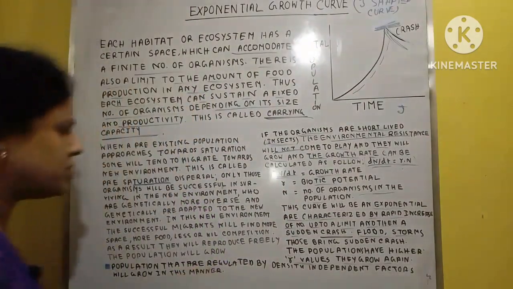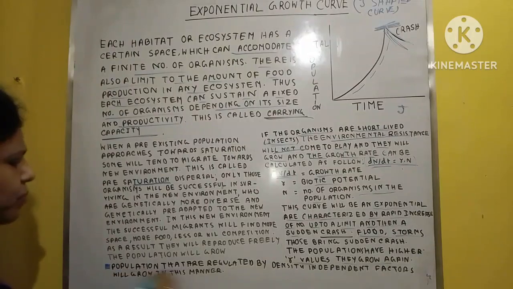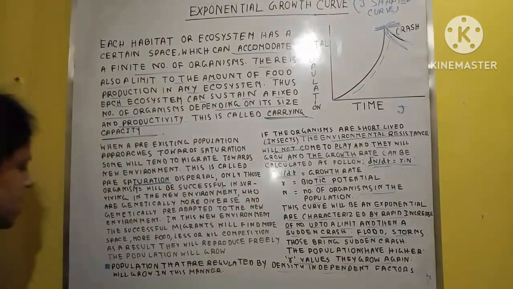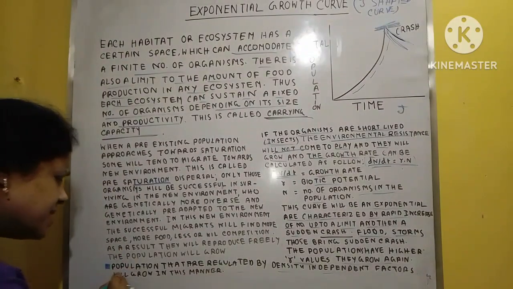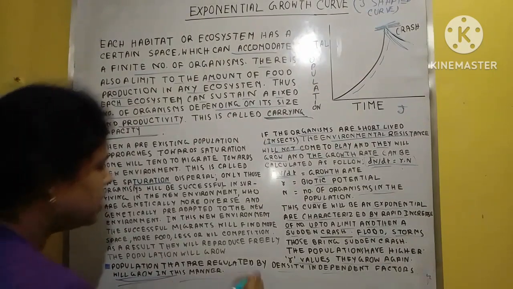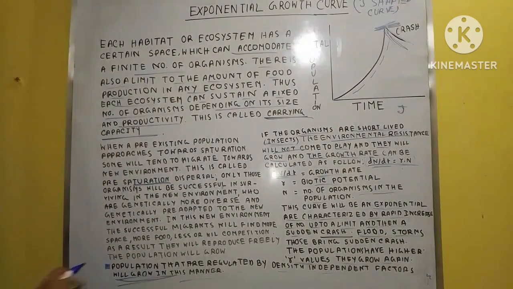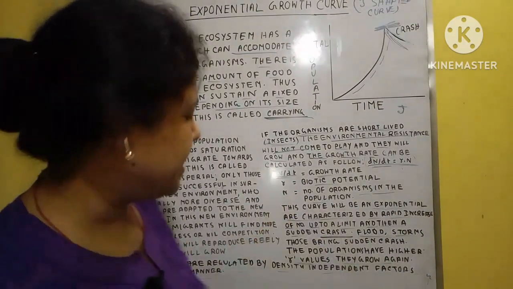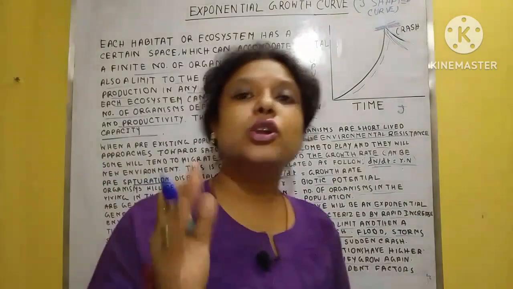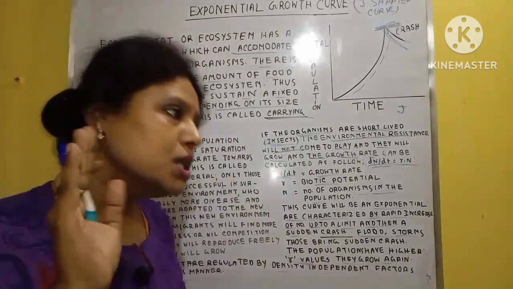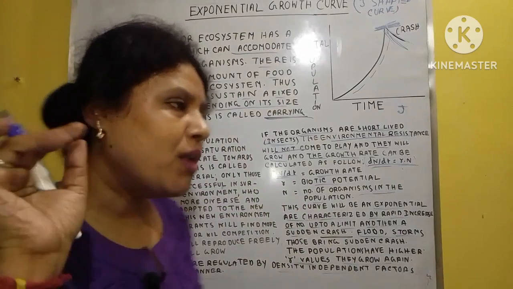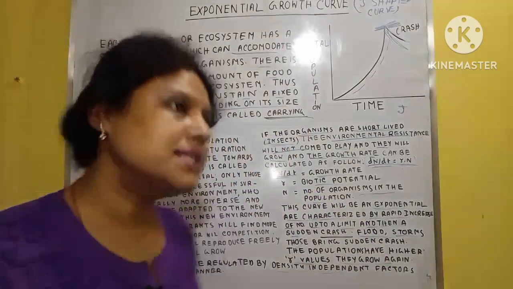From nature. And sometimes some populations are regulated by density-dependent factors. Two types of factors are there: one is density-independent factors, another is density-dependent factors.